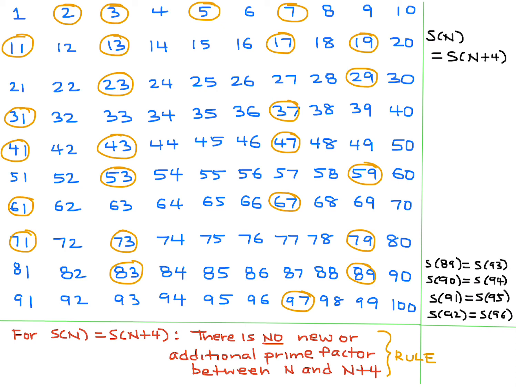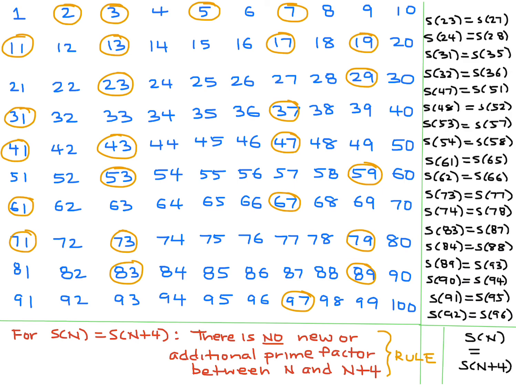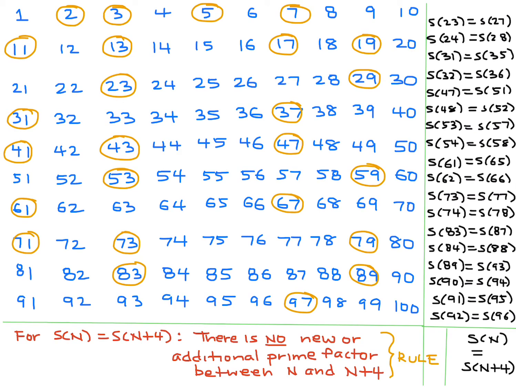So I'll fill in all the ones, and I'll come back and we'll discuss it. All right, so we got a whole bunch of candidates entirely based on this list with the prime numbers being circled. Okay, so far I have listed 18 right here.